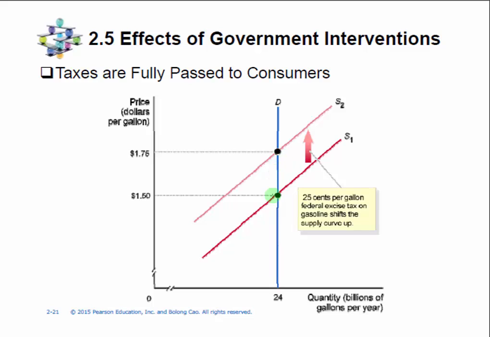Now it's 25 cents per gallon federal excise tax on gasoline. So when you have a vertical demand curve, consumers buy at whatever price, and the tax burden is not shared, but fully taken over by the consumers.